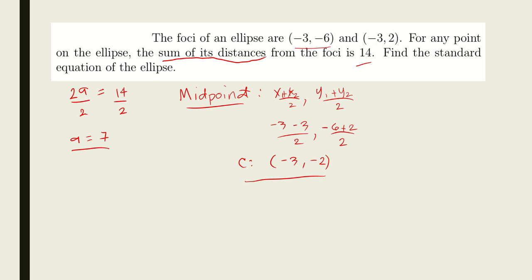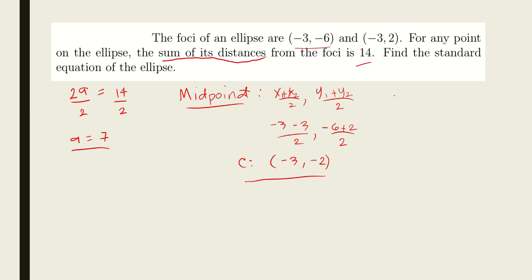Take note that the points of the foci involve the c. So we make use of that. What is the distance of the foci? The distance of the foci is actually 2c. It was in our definition, right? That the length between the foci is equal to 2c. So we use the distance formula.